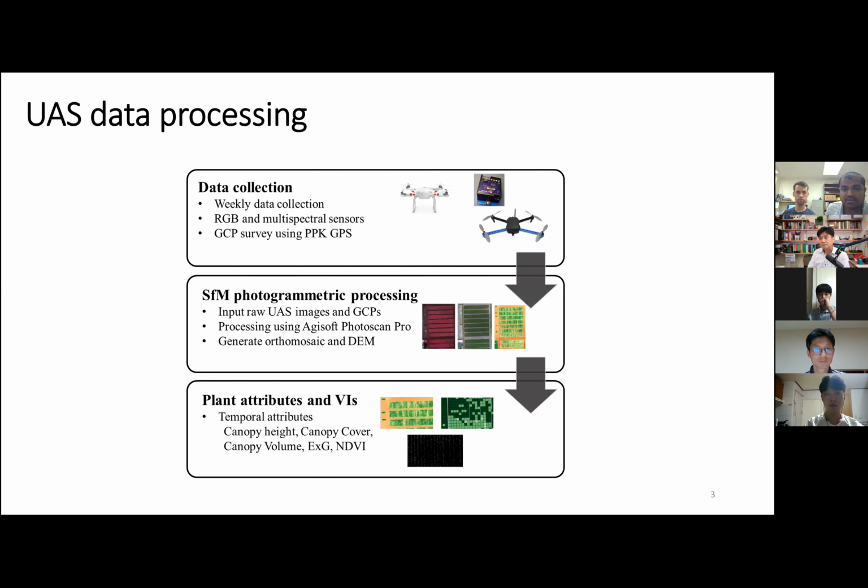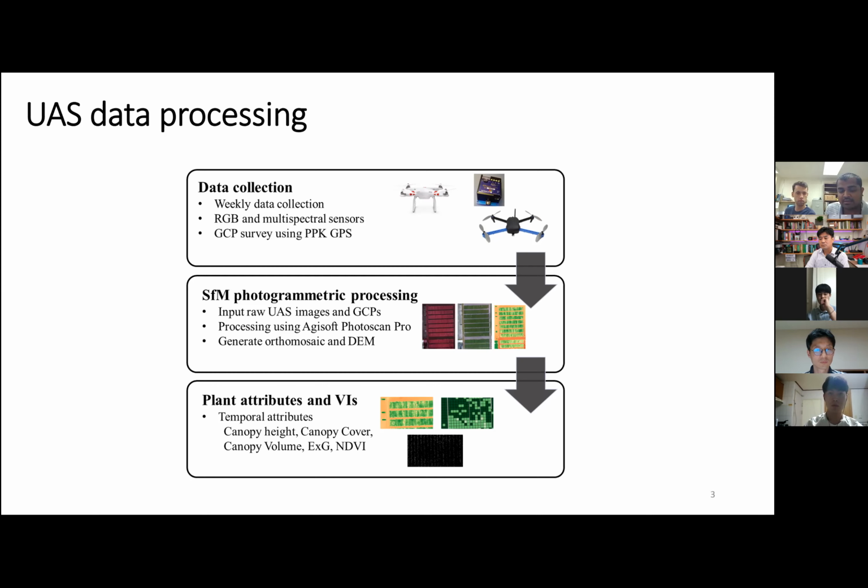So to this end, over a cotton research plot at the Texas A&M AgriLife Research and Extension Center at Corpus Christi, we collected UAS data on a weekly basis using RGB and multispectral sensors, along with ground control points. Then we provide these raw input images to the structure from motion photogrammetry software, and we get the orthomosaic and digital elevation model.